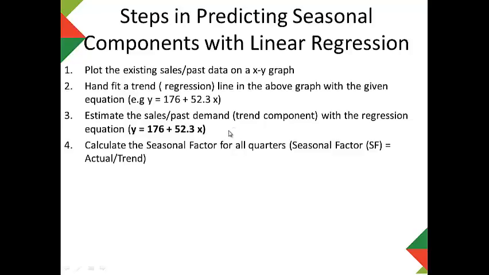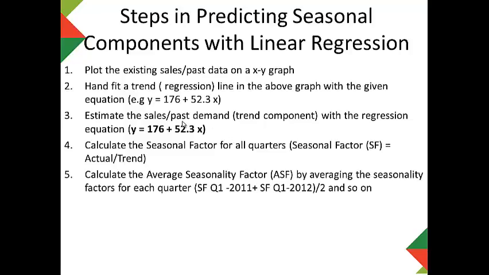So again, now we've got two sets of data with us. One is the actual time series and the second one is the trend data. If we divide the actual data by the trend, we get the seasonal factor. And if you've got more than 1 year, we need to get the average seasonality factor.